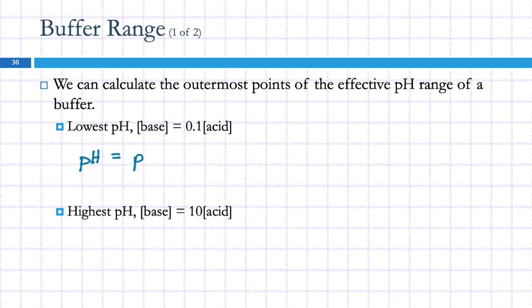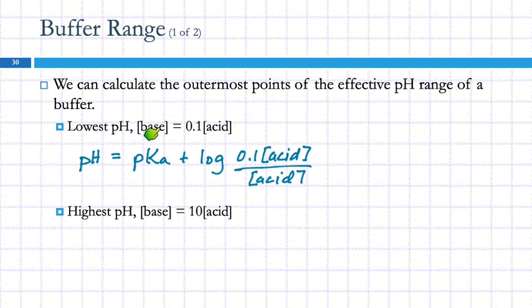The pH there will be the pKa plus the log of base, which is 0.1 times acid, divided by the amount of acid. So I'm doing the base over the acid, but here the base is equal to 1/10 of the acid, and so those guys cancel out. And I end up with pKa minus 1.